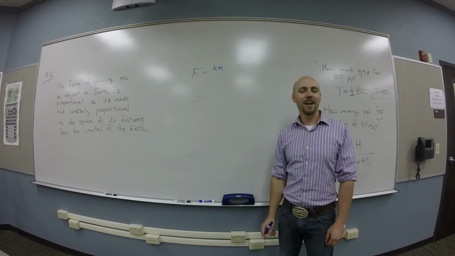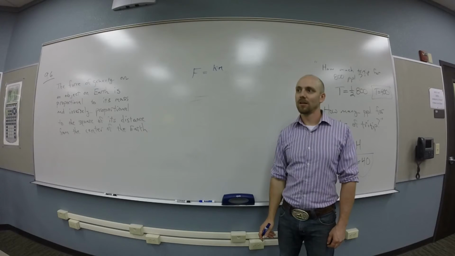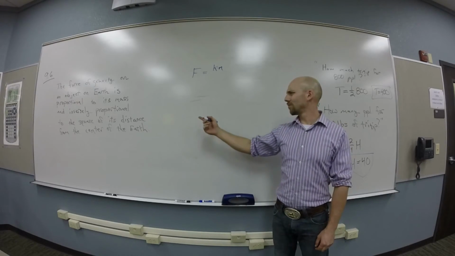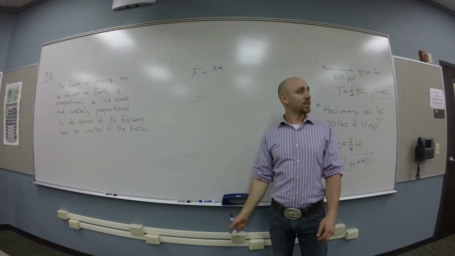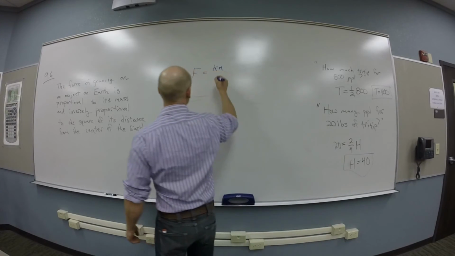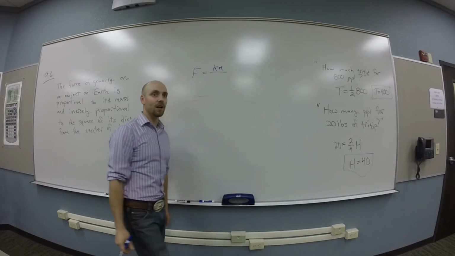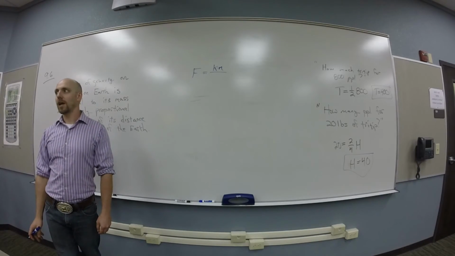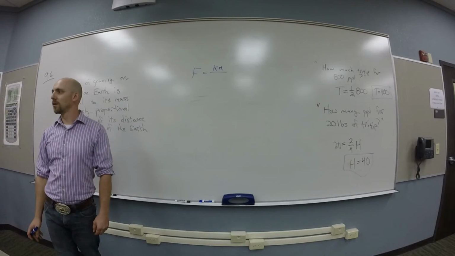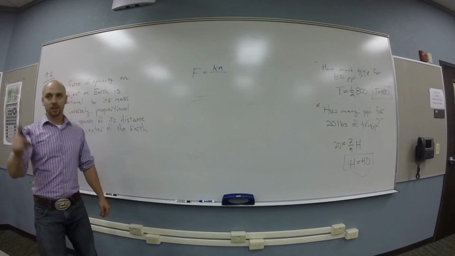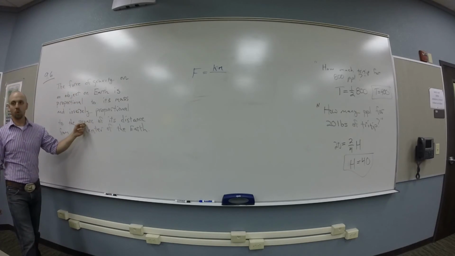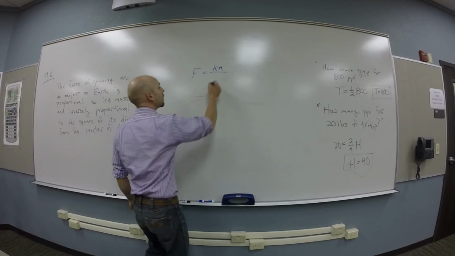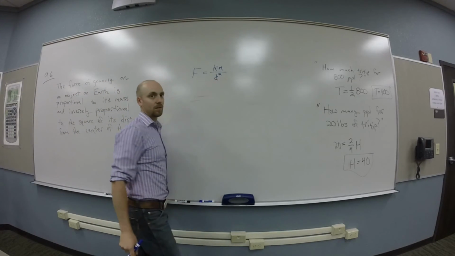And we have to do something for inversely. I need some divided by. Divided by seems like the opposite of proportional to. And what should it be divided by? Distance squared. So this is kind of like the m-squared.